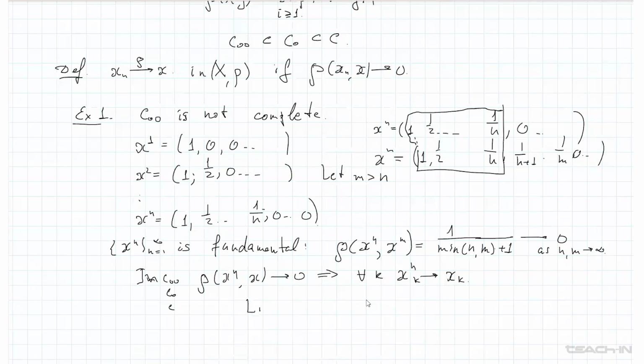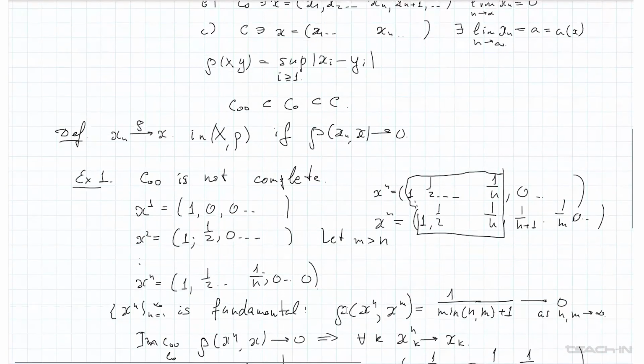So the limit sequence is a harmonic sequence, 1 over n, and so it is not finite. So our space is not complete.